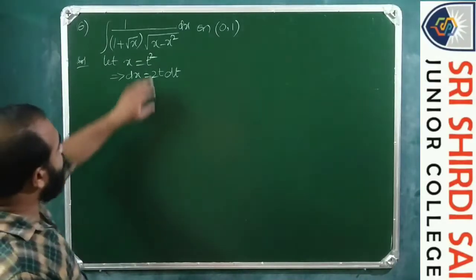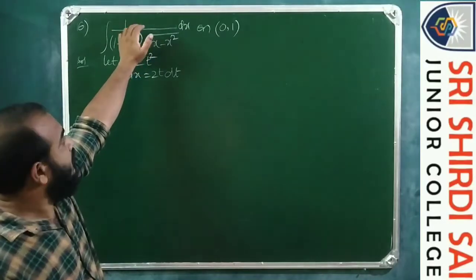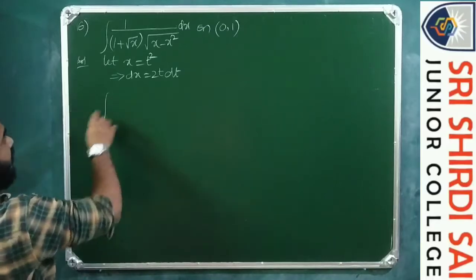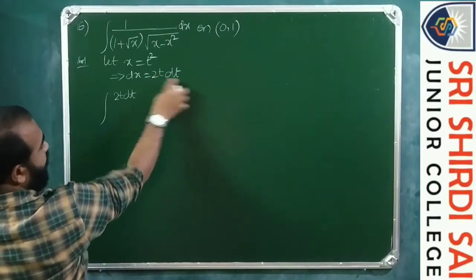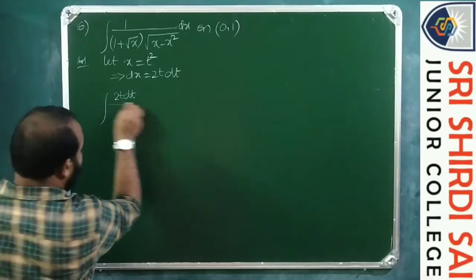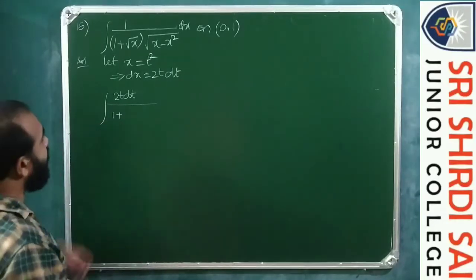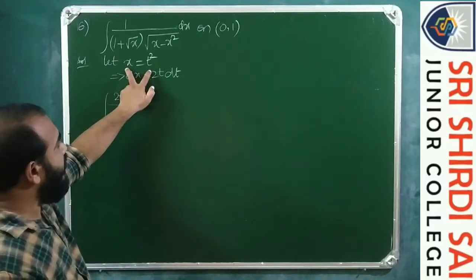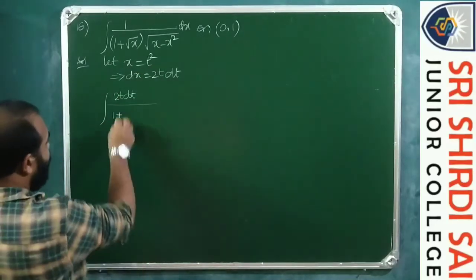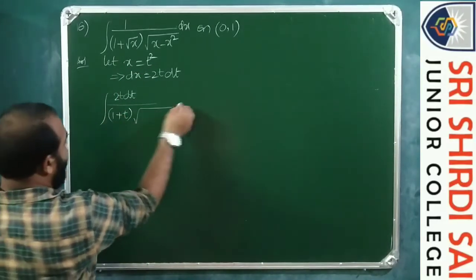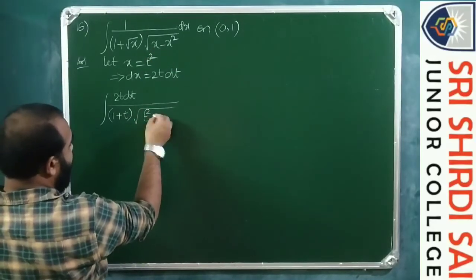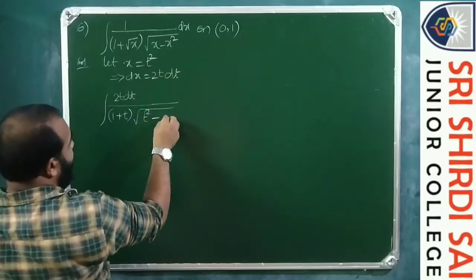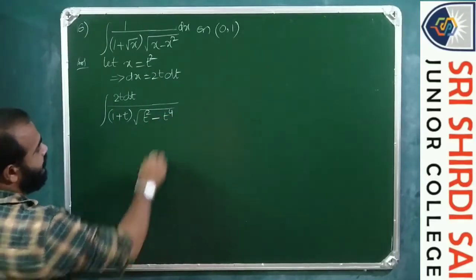Now, let us substitute in this given integral. dx is nothing but 2t dt, that's what we have prepared just now, by 1 plus x is 1 plus t square, while root x is t, into square root of x minus x square, so x is t square minus x square is t power 4.